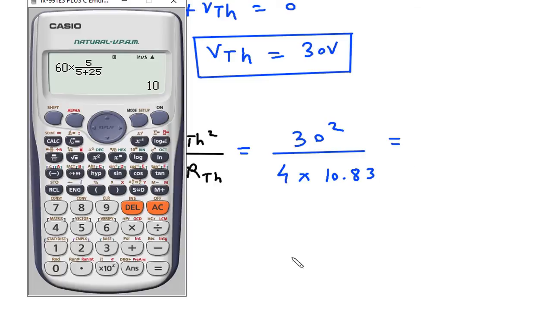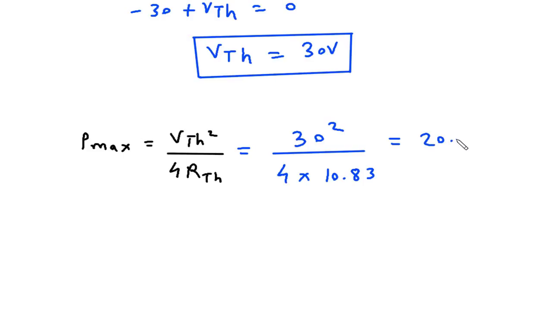So this will be 30 square divided by 4 into 10.83. So it is 20.77 watt. Therefore, P max is equal to 20.77 watt.